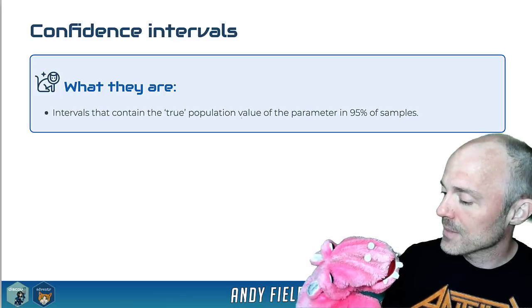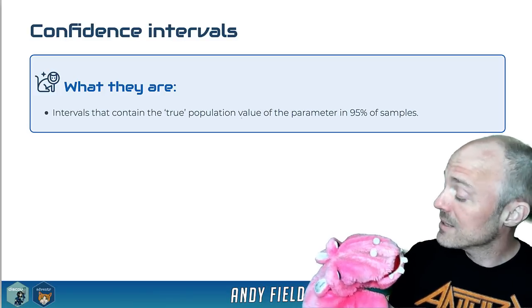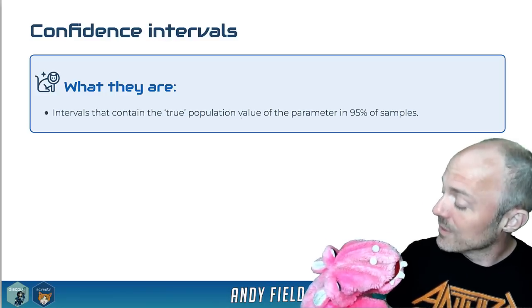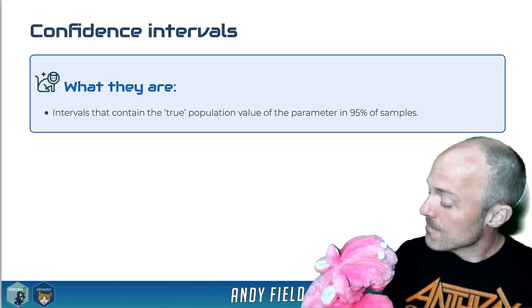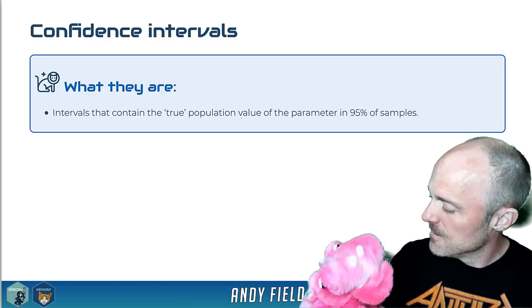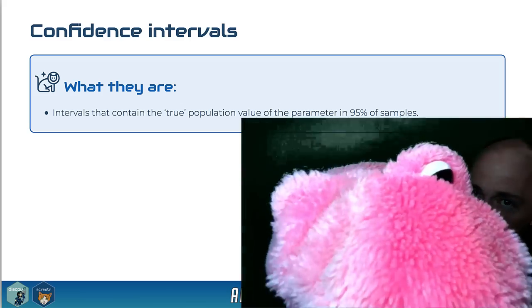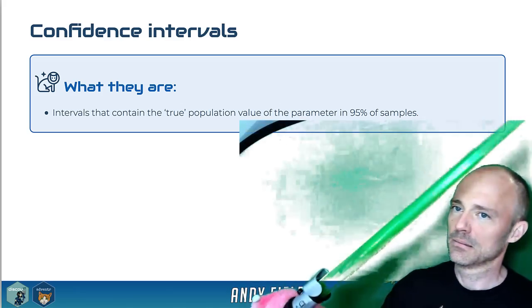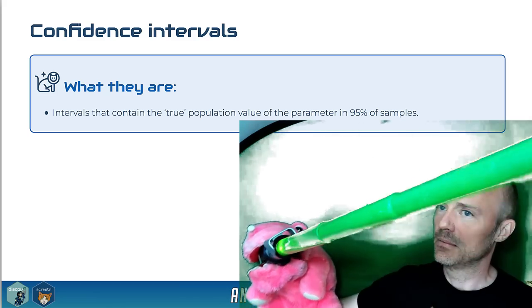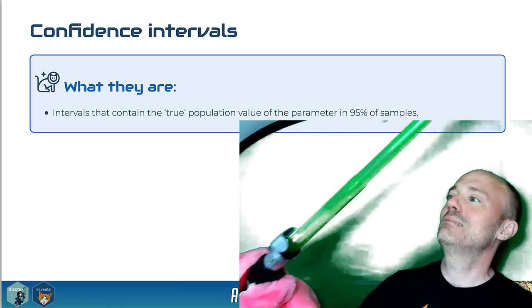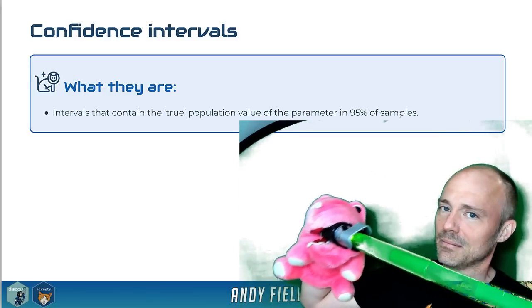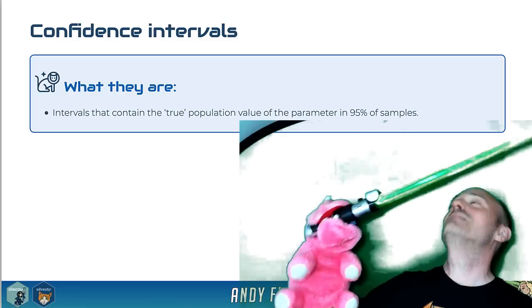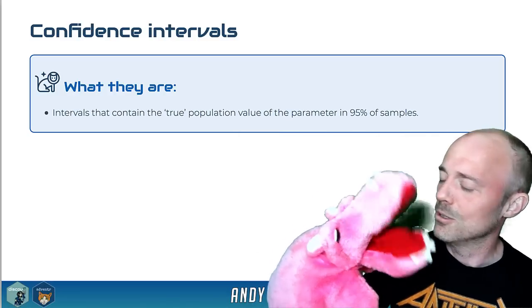It's an interval where I'm 95% confident that the population estimate falls within that interval. That's what it is. Oh. No, it's not.